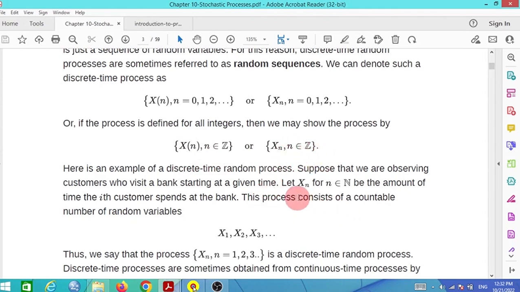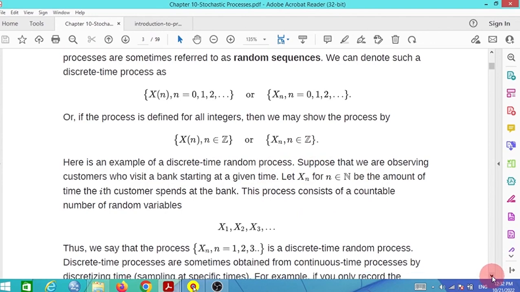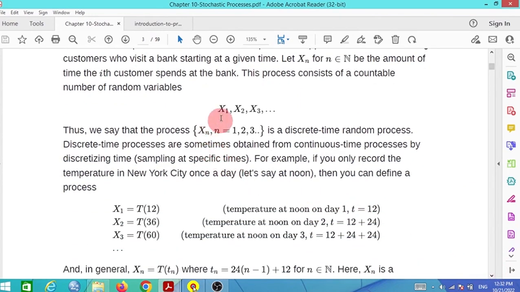So when time is discrete, we have a random sequence.